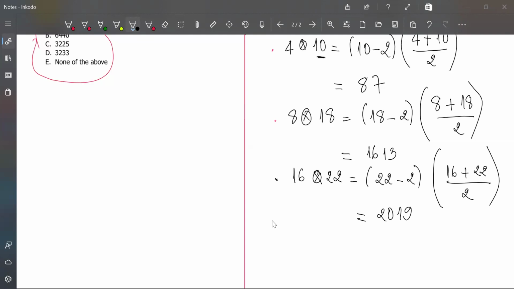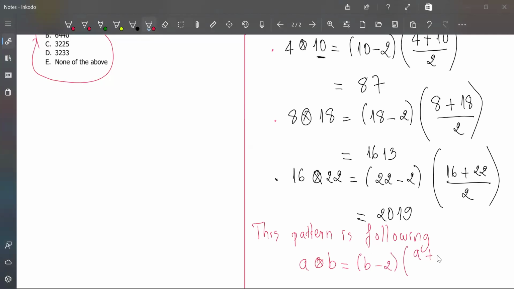So this pattern is following a tensor b equals b minus 2 and a plus b over 2.